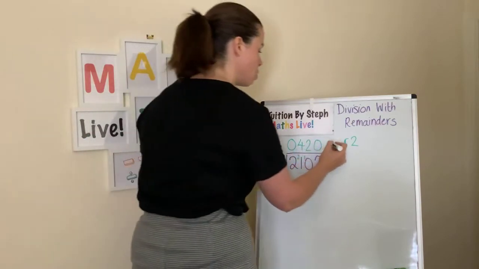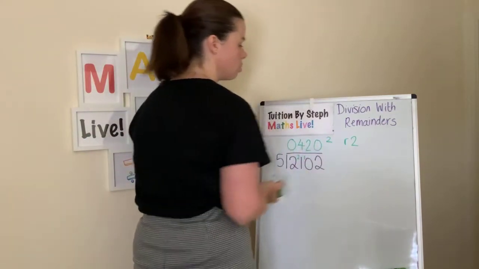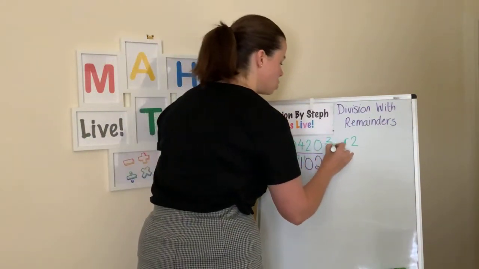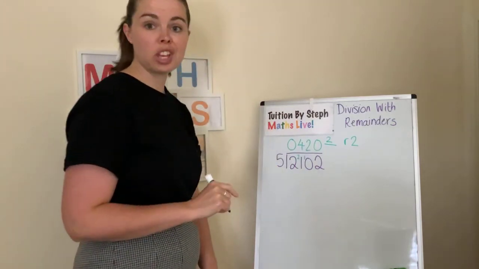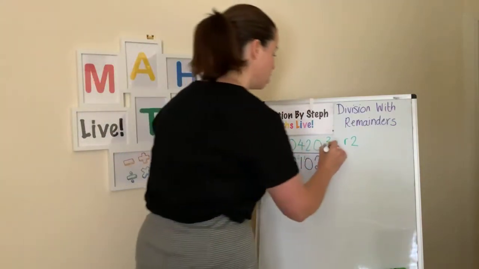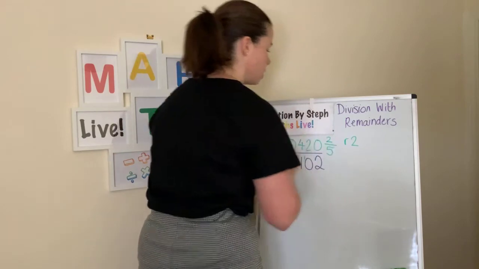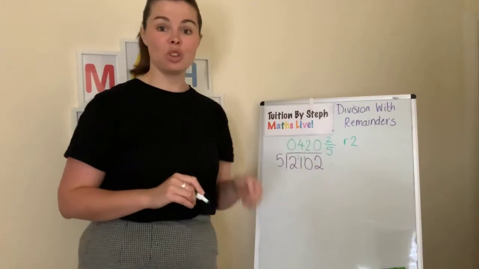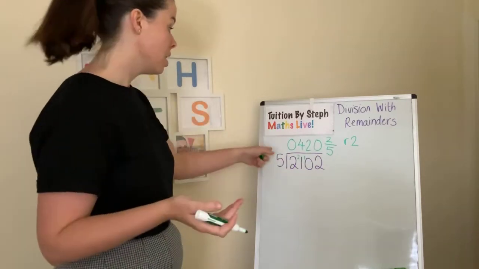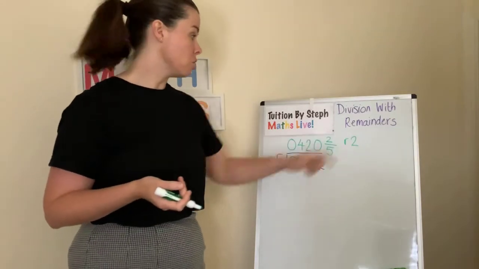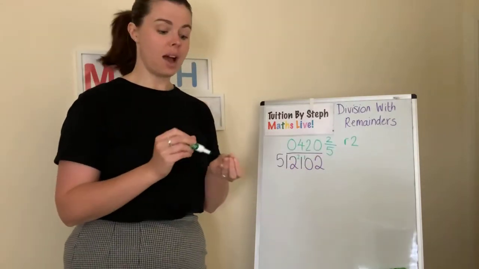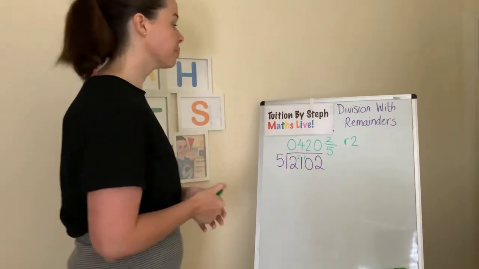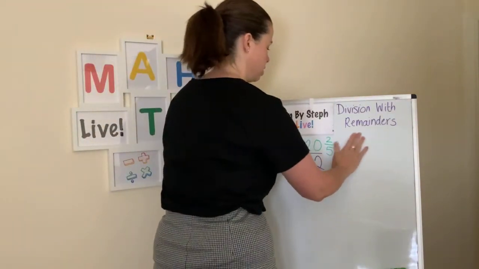You get your remainder, and you put it over the number that's doing the division. So it would be 420 and 2/5. The remainder is the numerator, and the number we're dividing by is the denominator. So 420 and 2/5.